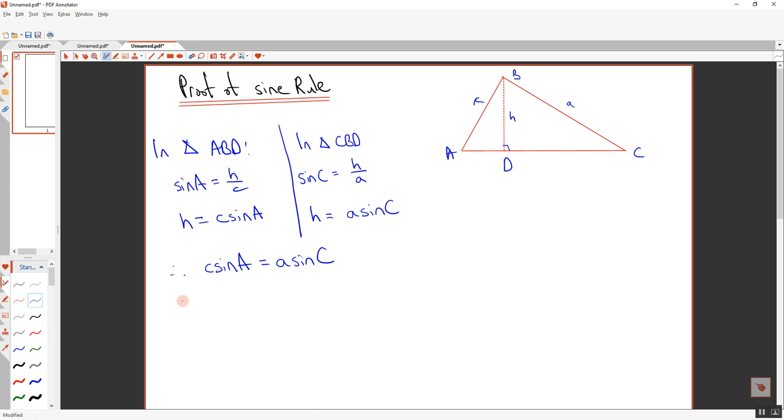And if that's the case, then I can divide both sides by sine A. We'll do this in 2 steps. So I get C is equal to, and then divide both sides by sine C. Sorry, I should make these little c's.